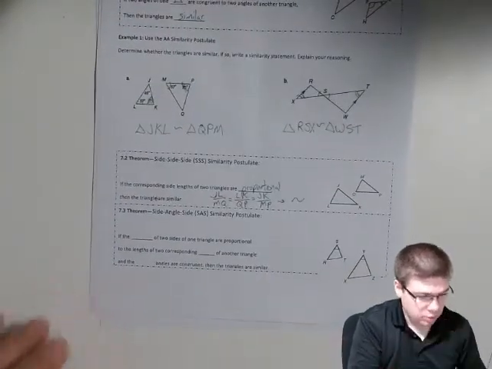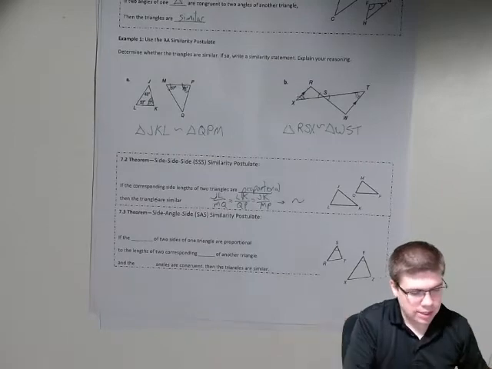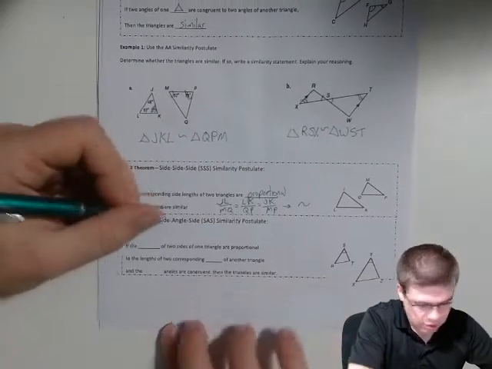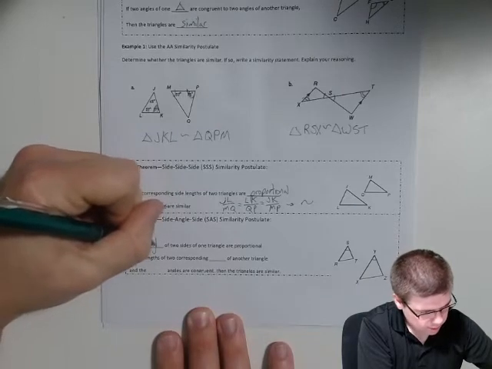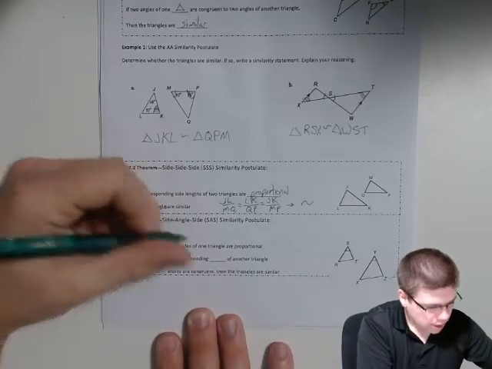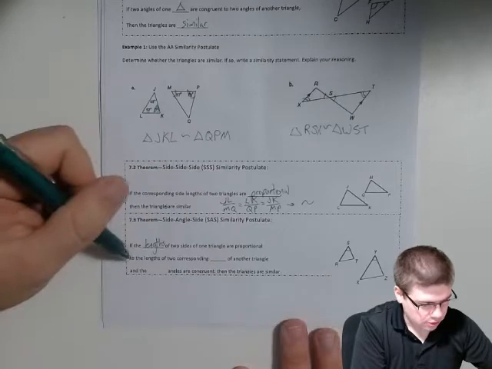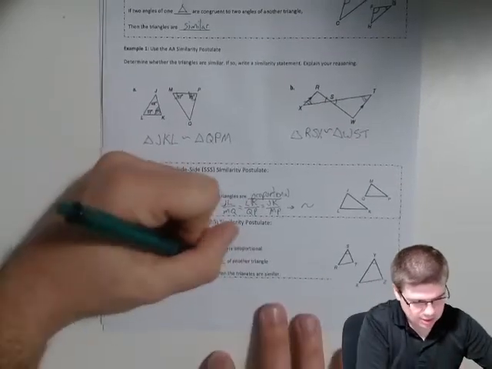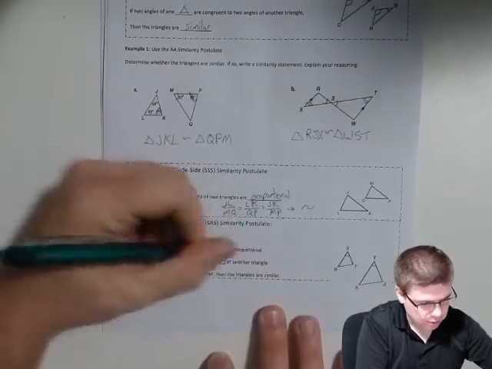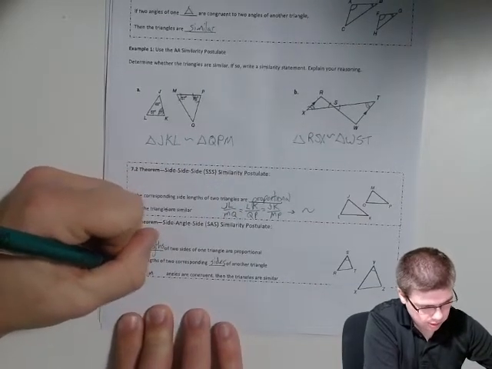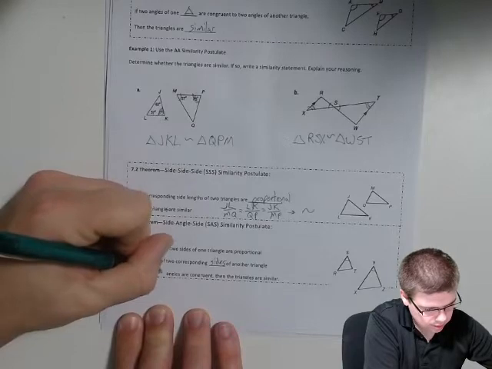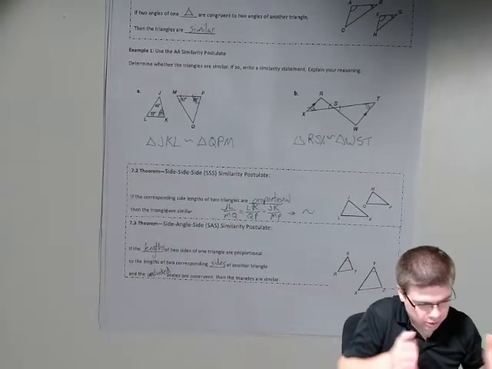We can also do this with two sides and an angle, and that's enough to know that they are similar. So if the lengths of two sides of one triangle are proportional to the lengths of the two corresponding sides of the other triangle, and the included angle, the angle in between those two lengths, are congruent, then the triangles are similar.